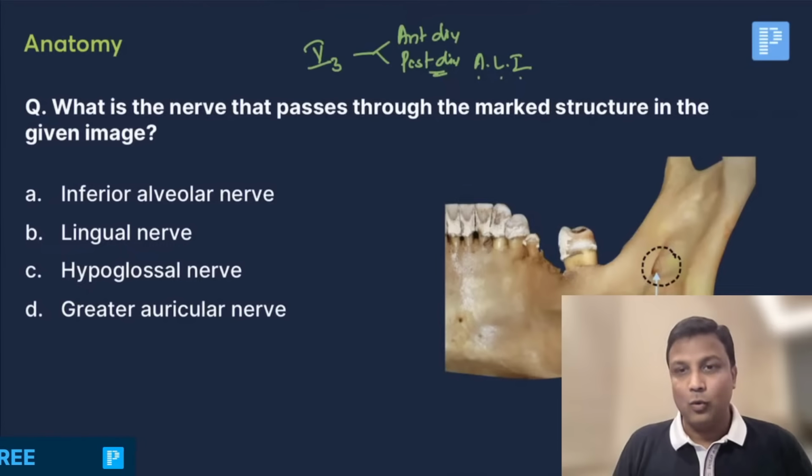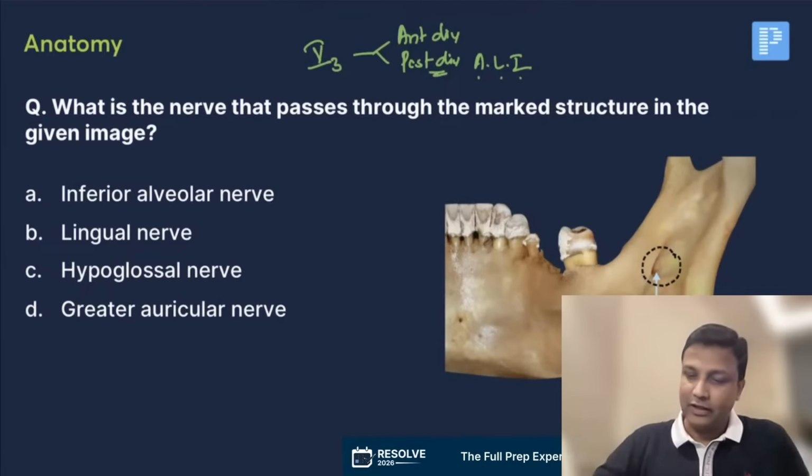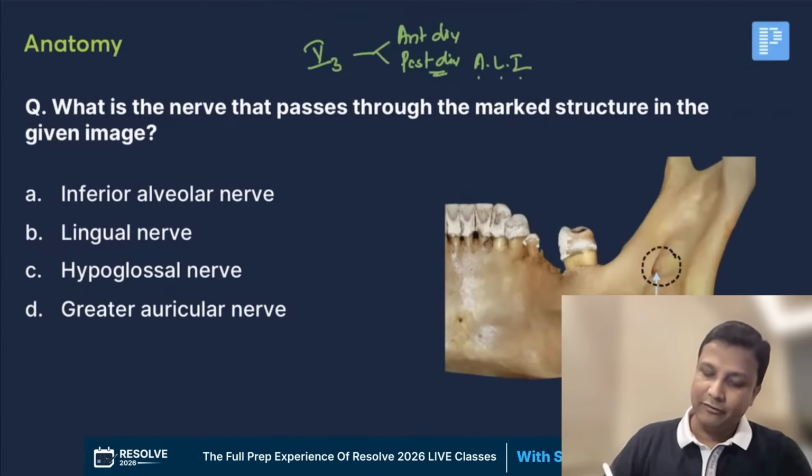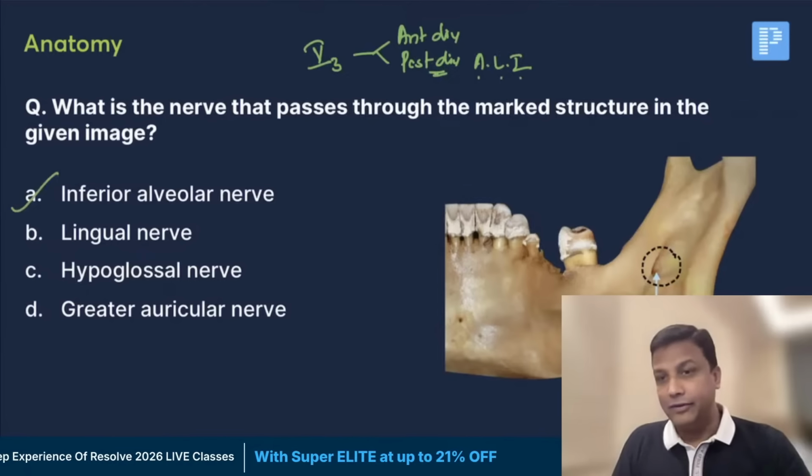And yes, of course, via the mandibular foramen, the inferior alveolar nerve will be passing from here. Fine. So the correct answer here will be inferior alveolar nerve along with the inferior alveolar vessels.